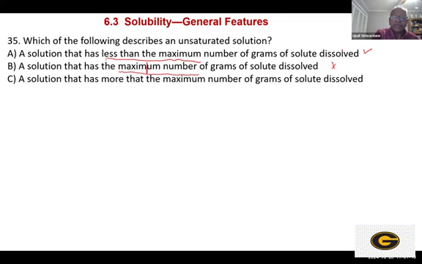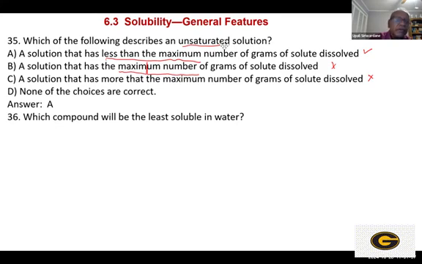A solution that has more than that maximum, that's supersaturated. We are looking for unsaturated. So far, what I got is A.